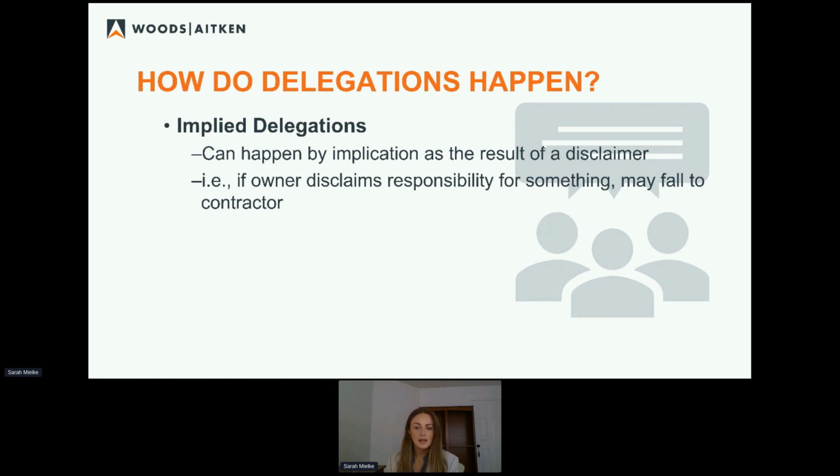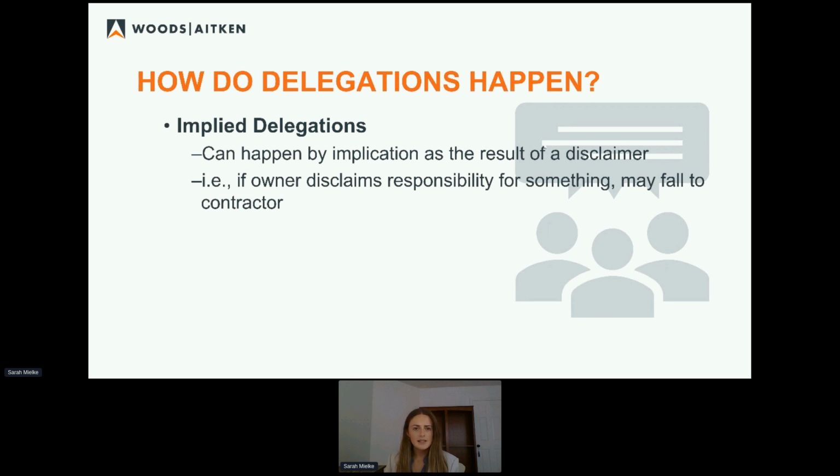And that's the big thing with design delegation. You need to be aware of what could go wrong in the situation, because that's where liability comes from. So if the owner is disclaiming liability for something, then that bit is up in the air. It's completely up in the air. It could be anyone's responsibility, which means that it could be tied to a contractor or subcontractor. So that's the thing to worry about with implied delegations.